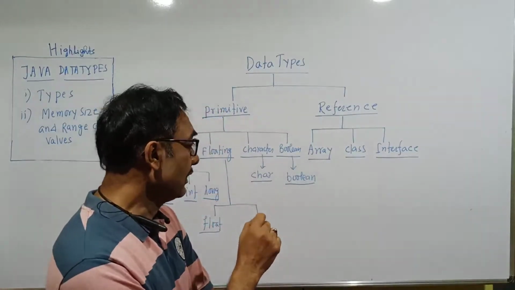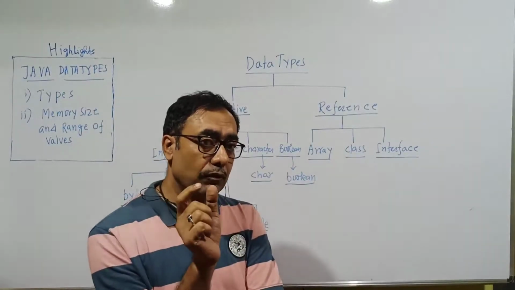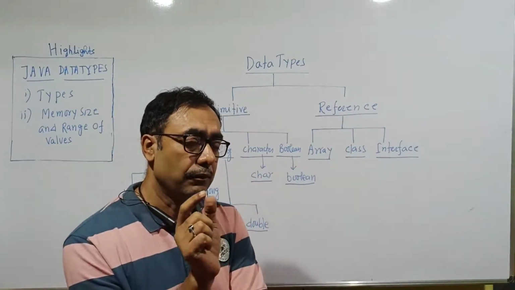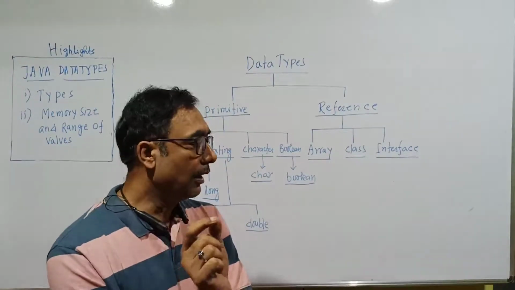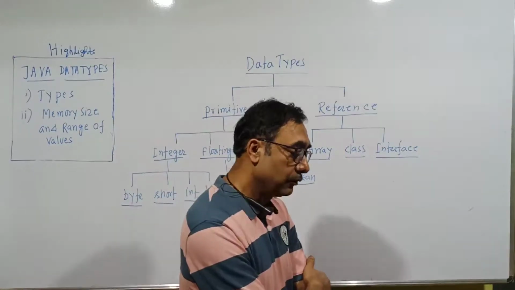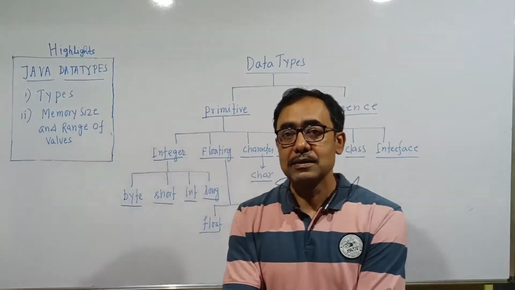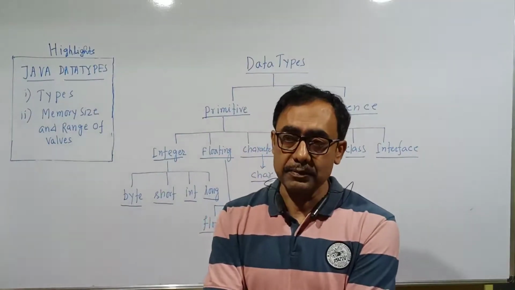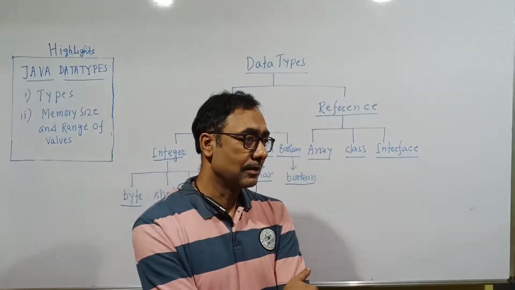For each primitive data type, you have a range of values specified. Now, the reference data type is made using the primitive data types. This is also known as user-defined data types, and it does not have a fixed memory size.